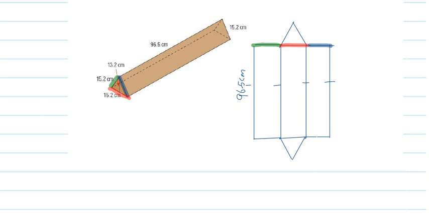Okay? But in this case it is not, because all my 3 sides are equal in a triangle. So that means when I put the 2 lines, all these 2 lines are equal to 15.2.